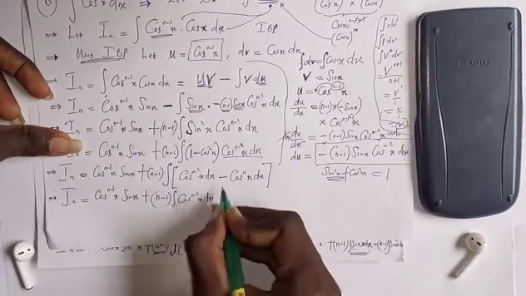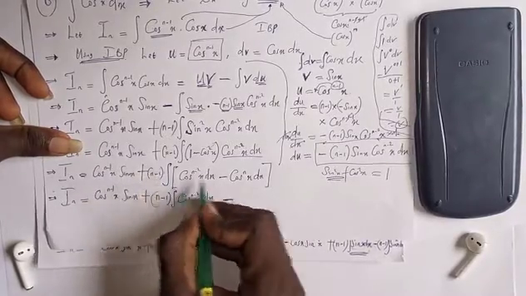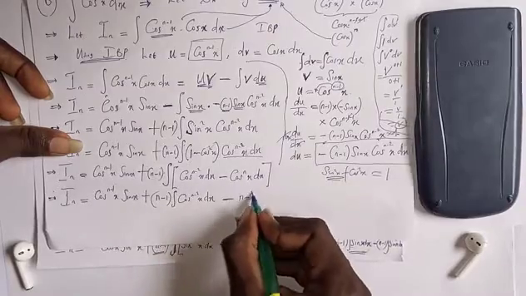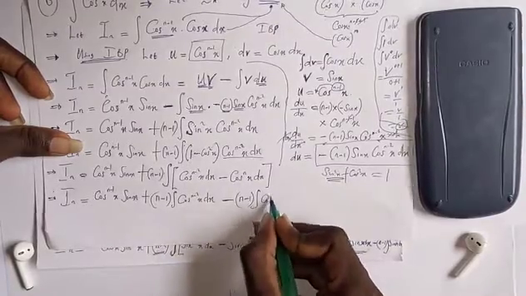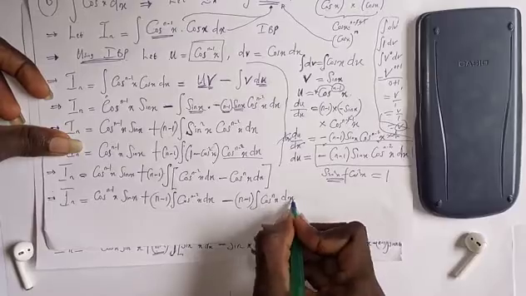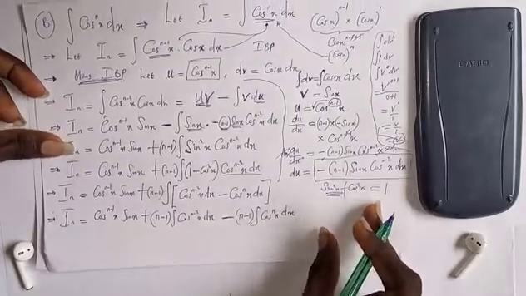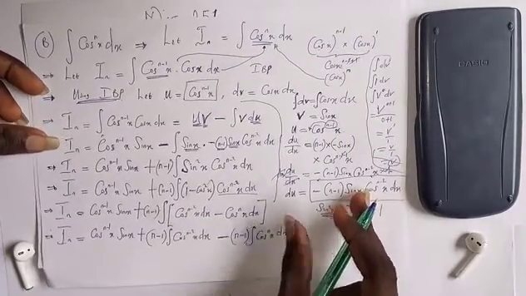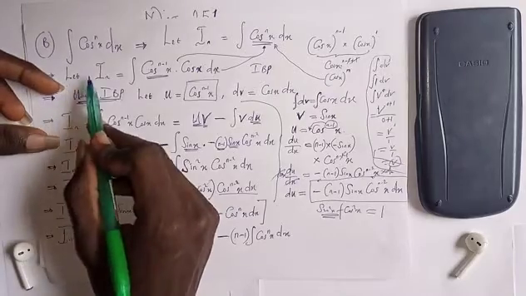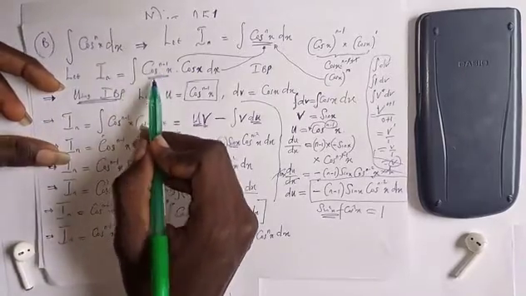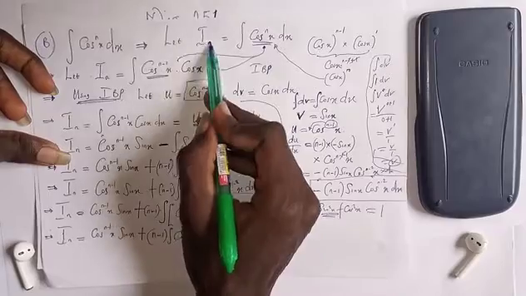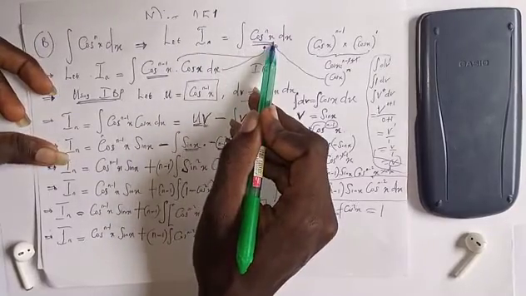And at the same time, plus times minus gives us minus. n minus 1 integral times the whole of this gives us n minus 1 integral of what? cos nx dx. So we actually made an assumption from the beginning. We let I n represent the integral of cos nx, as you can see.